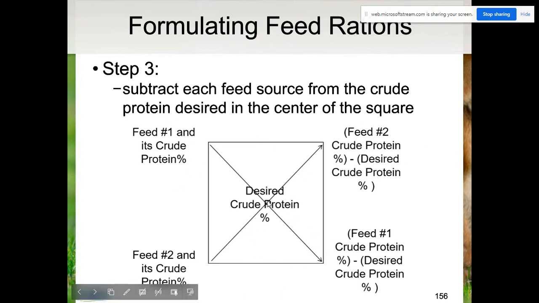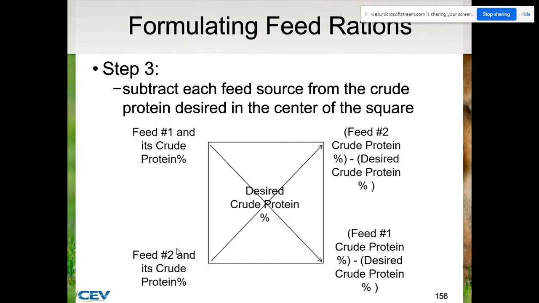So if it's 18% crude protein, and feed one is 12%, 18 minus 12, boom, that's 6. If it's 35%, you go 35 minus 18. You always take the higher number and subtract the lower number from it. Does that make sense? If the center number is higher than one of these numbers, you subtract that number from 18. If it's lower, you subtract the center number from the higher number.